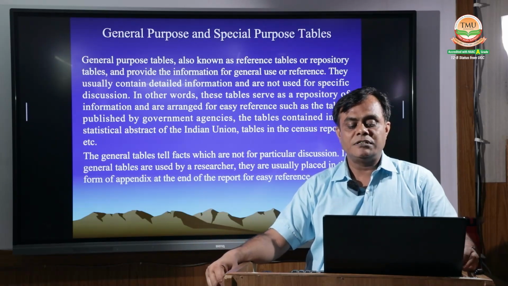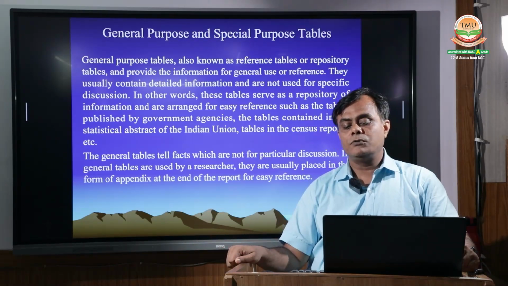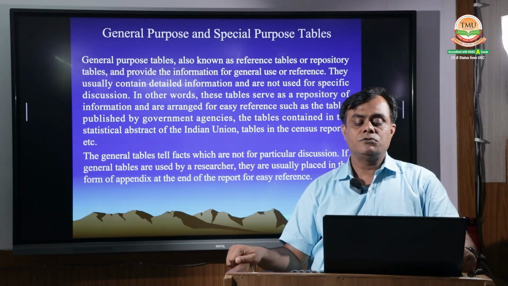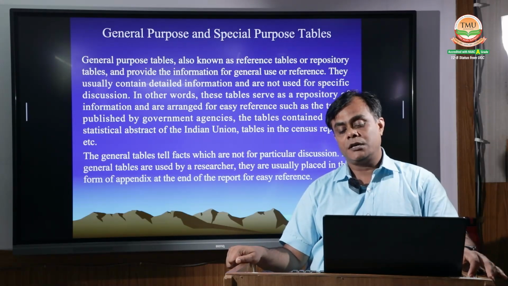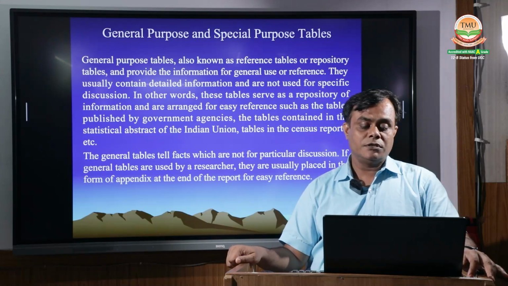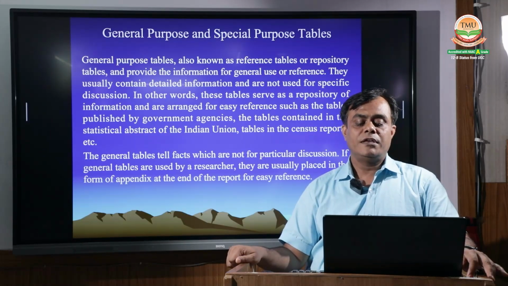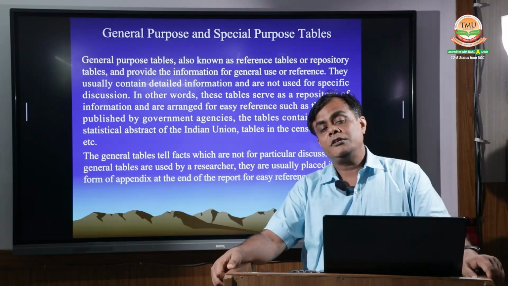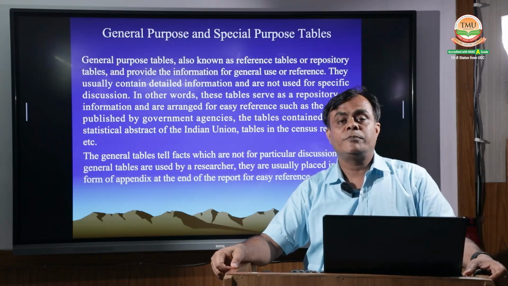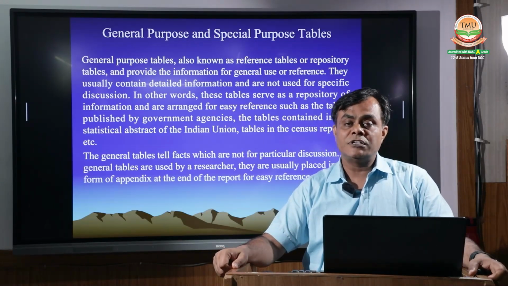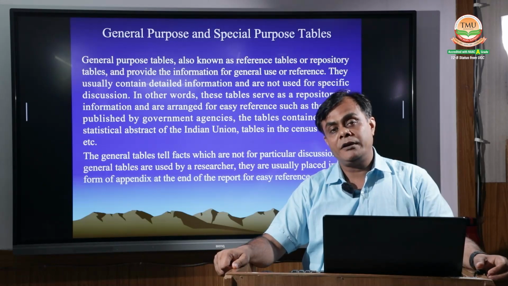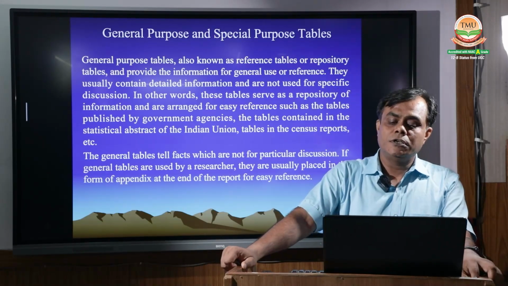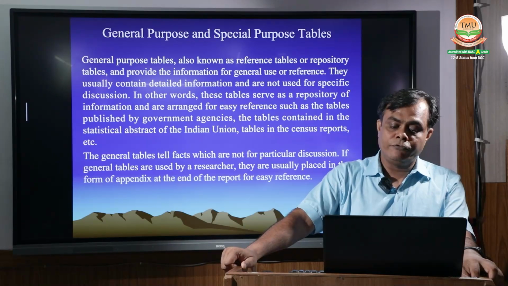So a general table tells facts which are not part of a particular discussion. If general tables are used by the researcher, they are usually placed in the form of an appendix at the end of the report for easy reference. So when you use a general purpose table, you put that table in your appendix, and that is also for the reference of your information.